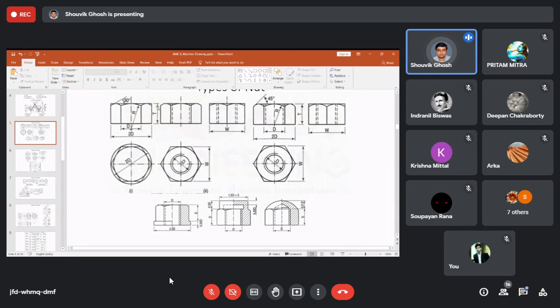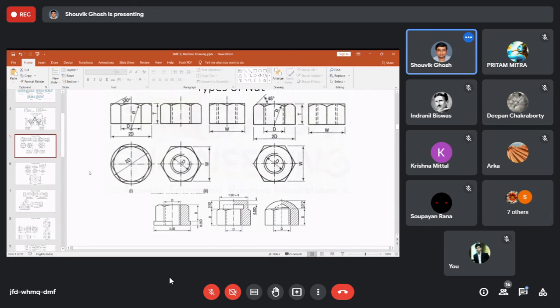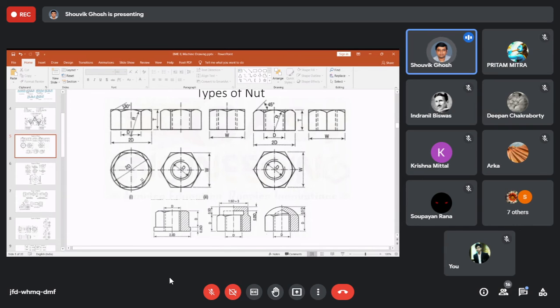These nuts that you are designing or studying right now are the type of nuts that are used in heavy machines. When you are fixing the nut tightly, the nut itself becomes a part of the machine as it meets with the wall of the machine or the wall of the washer itself.